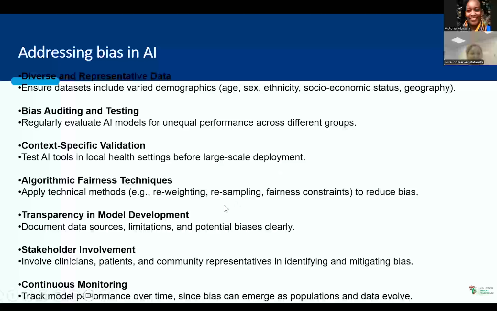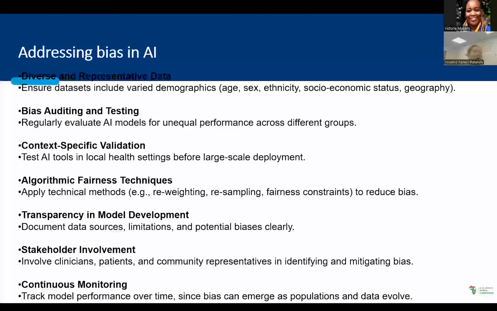There are algorithmic fairness techniques, which I'm sure you're going to be learning about over the next few weeks, like reweighting and resampling. Then transparency in the model development. We need to document the way that we develop models. People need to understand how these things are done.